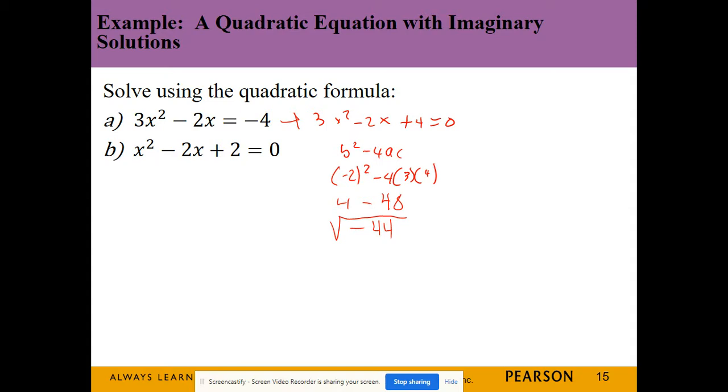44 you can break into 4 and 11. Square root of 4 is 2. That negative will come out as i, so you have 2i root 11. And the rest of the formula is the opposite of b plus or minus what we just found all over 2a. b is still -2, so the opposite of that would be +2.